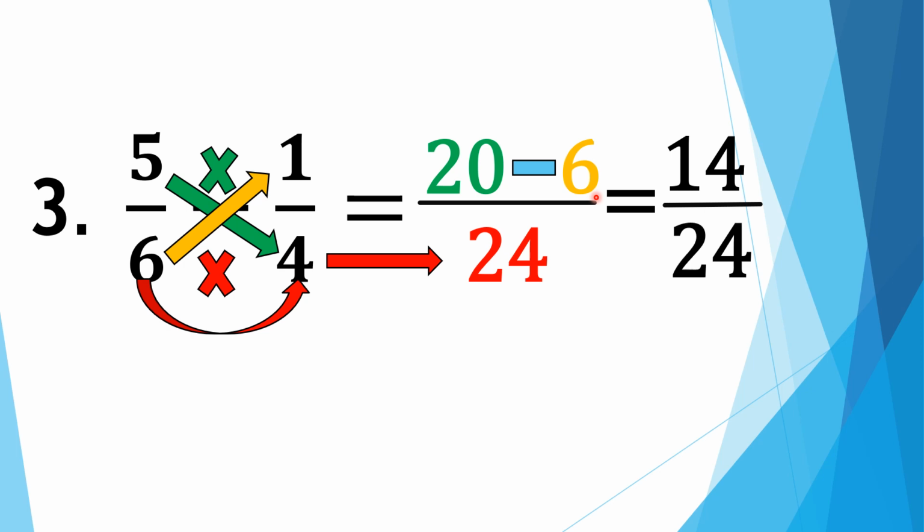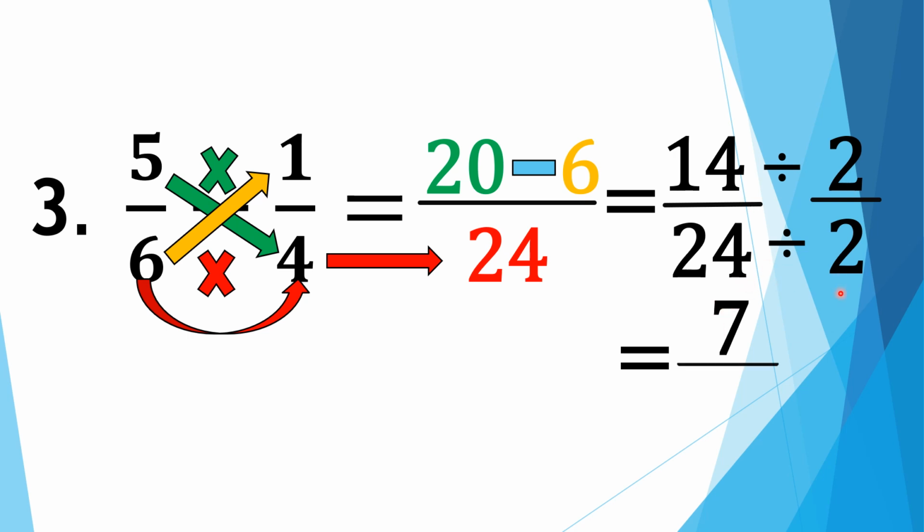Then copy the denominator, 24. Common factor of 14 and 24 is 2. 14 divided by 2, 24 divided by 2. 14 divided by 2 is equal to 7. 24 divided by 2 is equal to 12. 5 over 6 minus 1 over 4 is equal to 7 over 12.